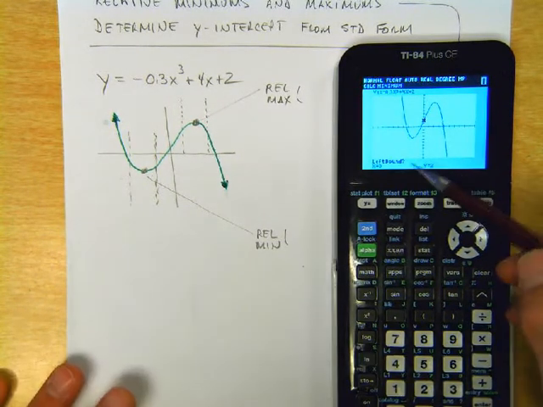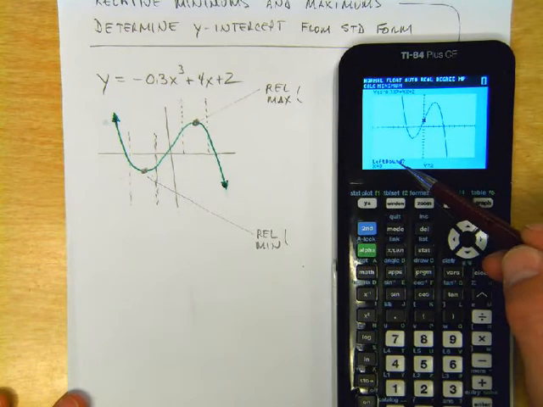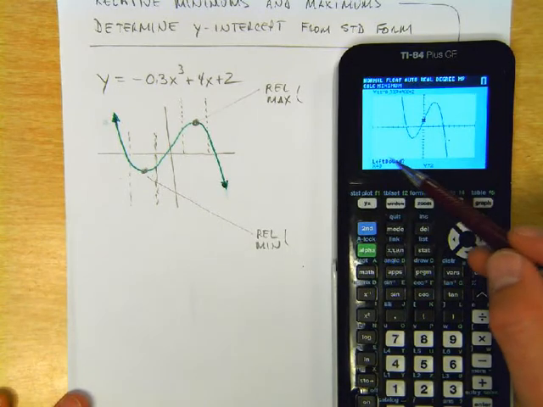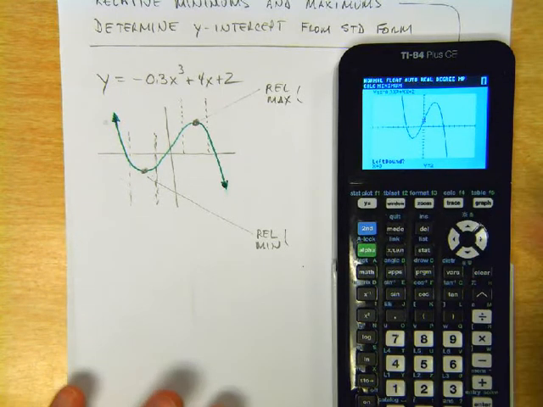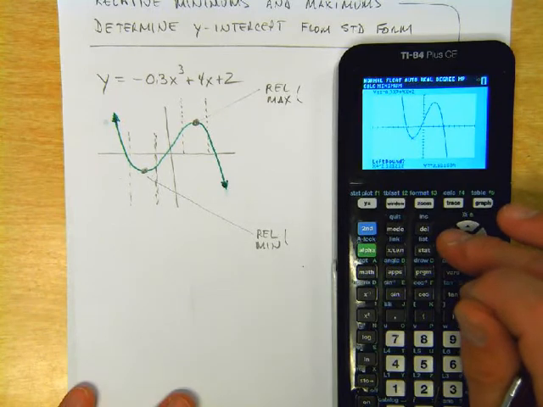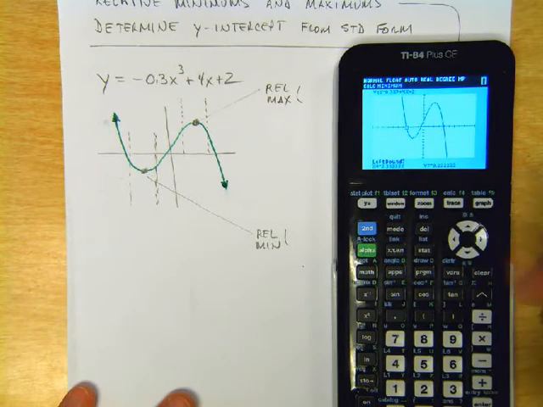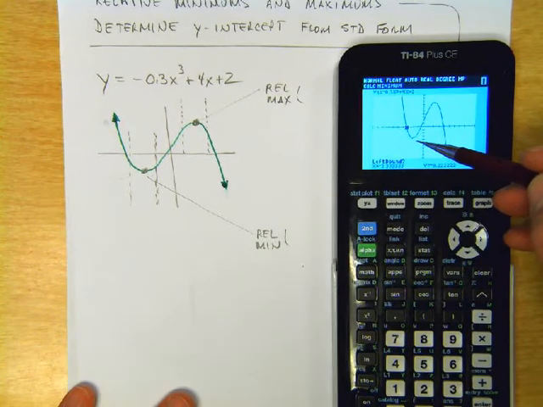Now you'll notice down here it says left bound. And what this means is we have to tell the calculator where our left boundary is or where our left fence is. And the way that you do that is you arrow sideways until the cursor, which is that flashing star, is on the left side of the minimum.